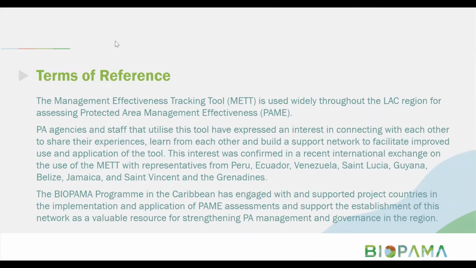Yes, Mr. Marco Arenas from Suriname, Peru, kindly says that they remain interested, and from now they offer their commitment as a government agency and also as himself as a person in participating in the network, and the best platform used for the network will be developed as part of the process.